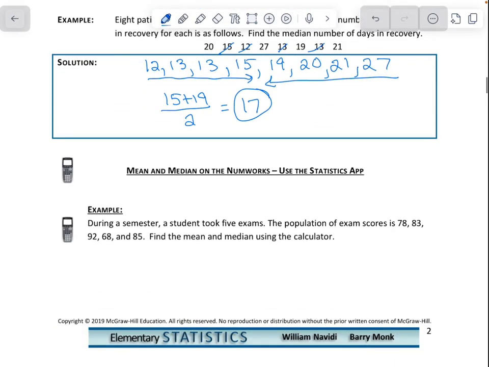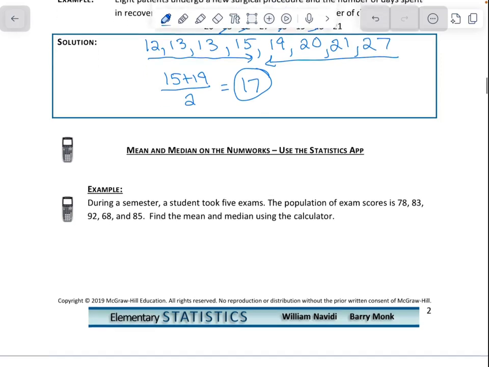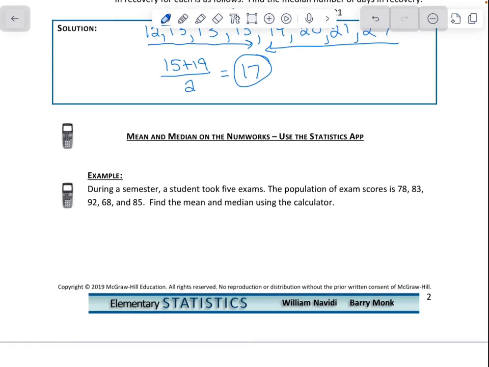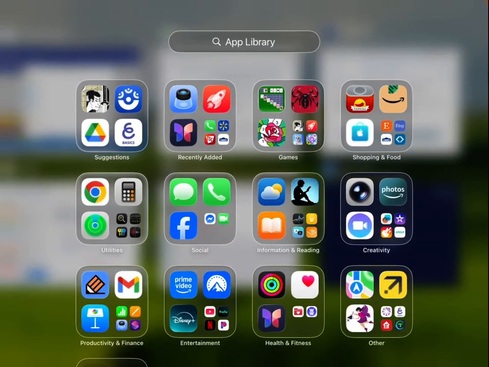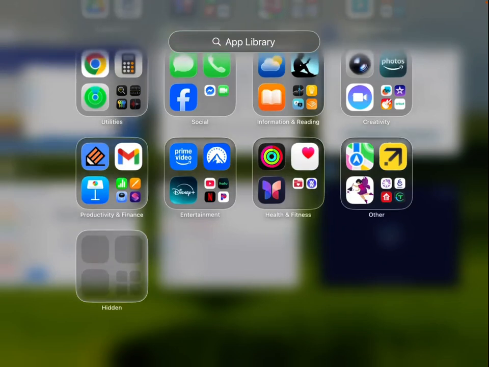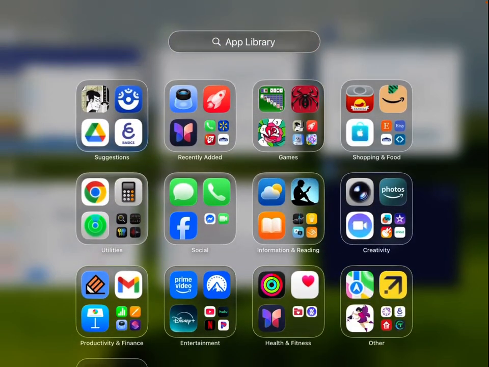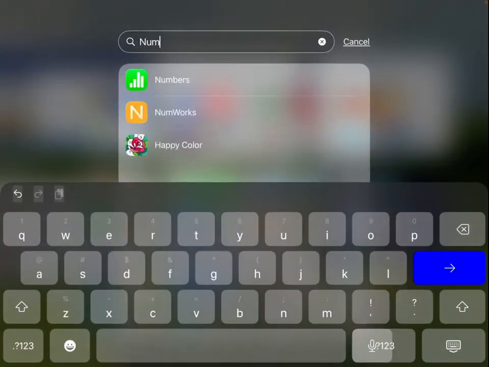Now, you can find all these things on the statistics app on NumWorks. So let me change over to my NumWorks app, if I have it on here. There it is.